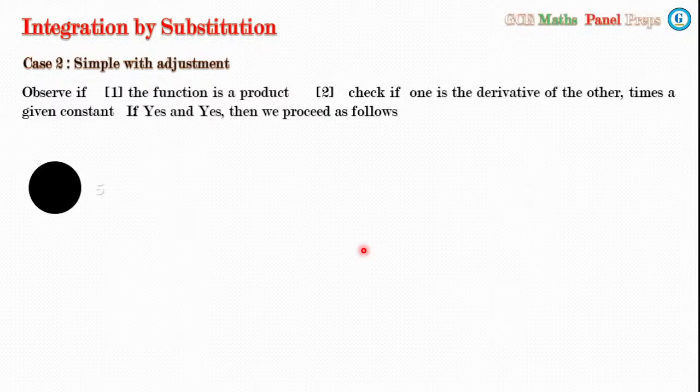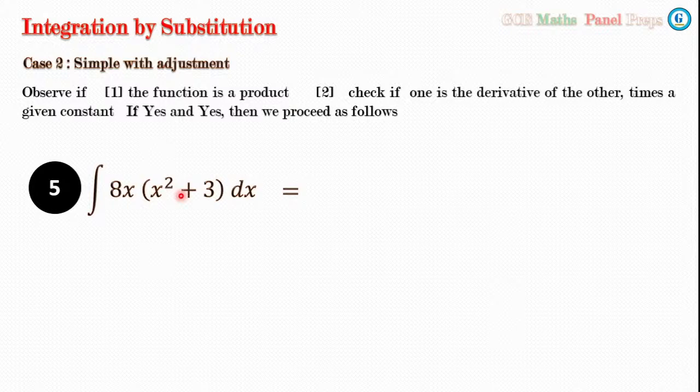This is how we proceed with this one, just like adjustments we saw in rational functions. For example, here, when we differentiate x squared plus 3, that gives us 2x. But this function that we have here is not equal to 2x. Normally, in this case, we can rewrite it as a product of 4 and 2, such that we'll have 4 outside this sign. And we'll have this directly, and we apply the rules of integration.